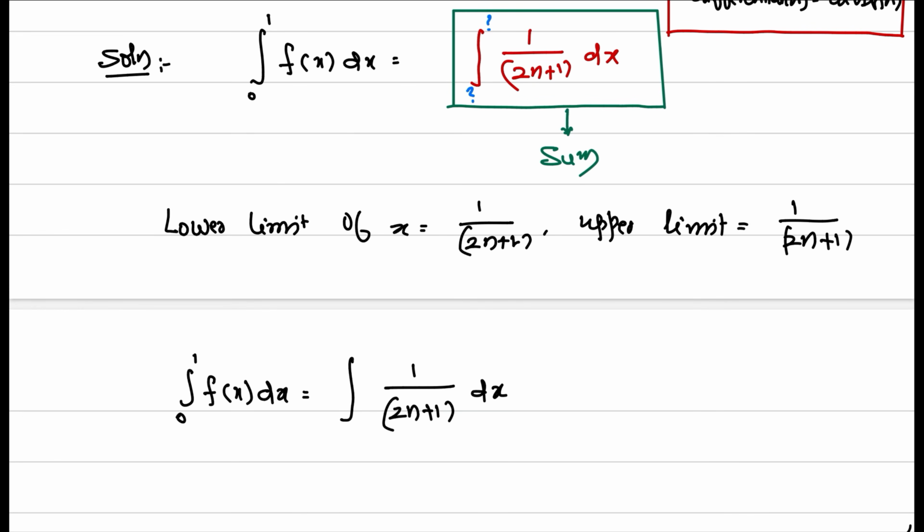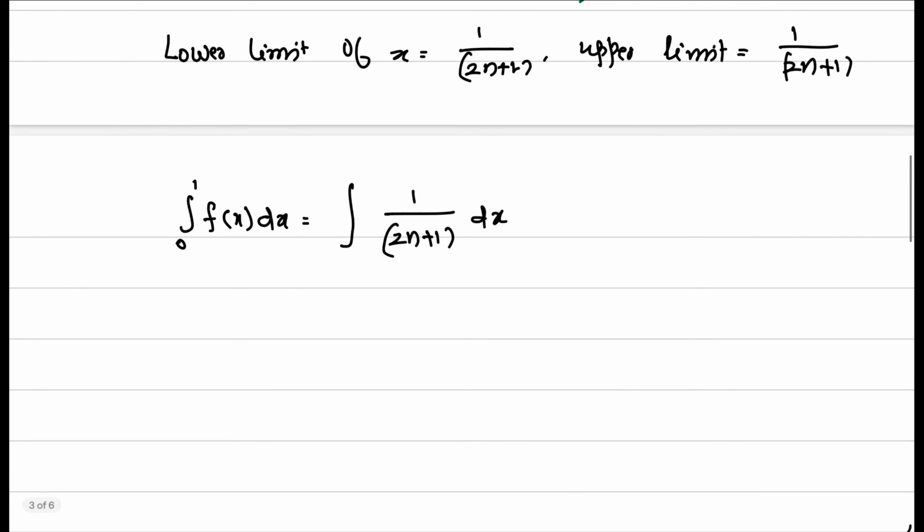Step by step we will move. Lower limit, how much shall I write? I will write the lower limit as 1 by 2n plus 2. Upper limit is 1 by 2n plus 1. I think up to this you might have understood.